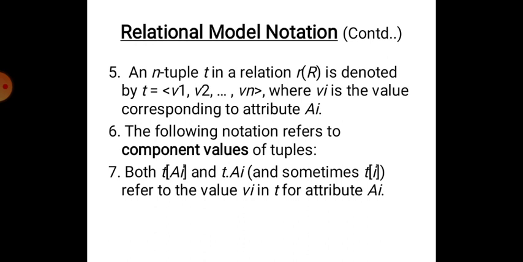The following notation refers to component values of tuples: both t[Ai] and t.Ai, or sometimes referred to as t[i], refer to the value vi in the tuple t for an attribute Ai.